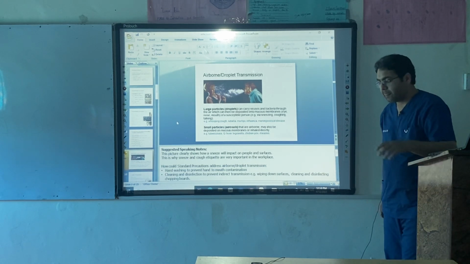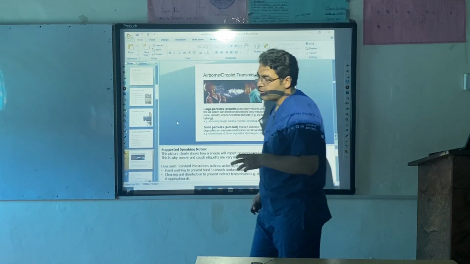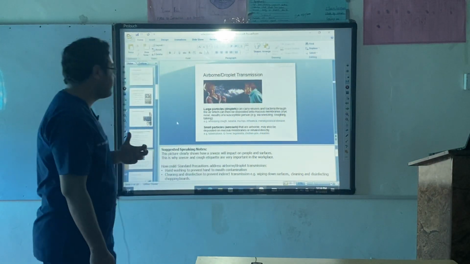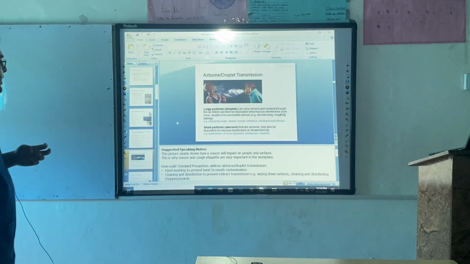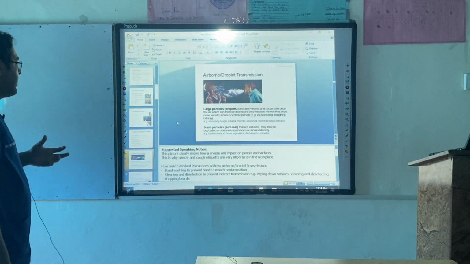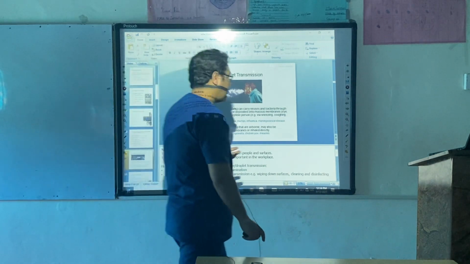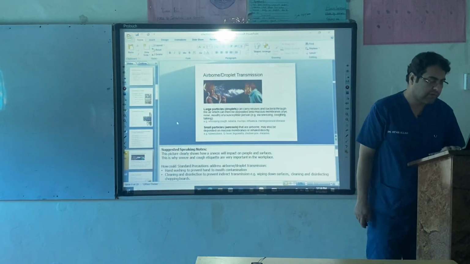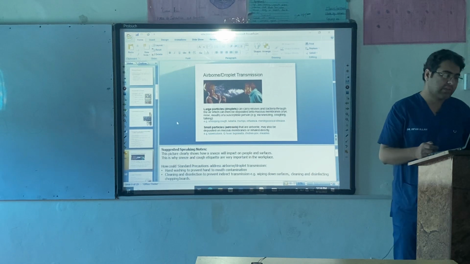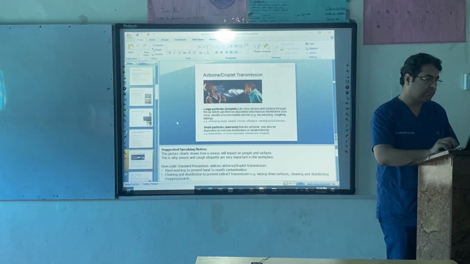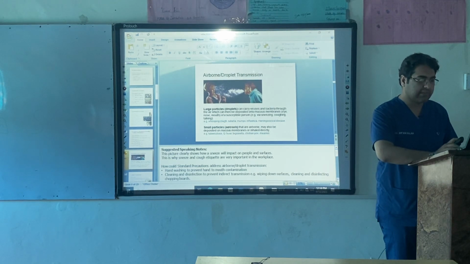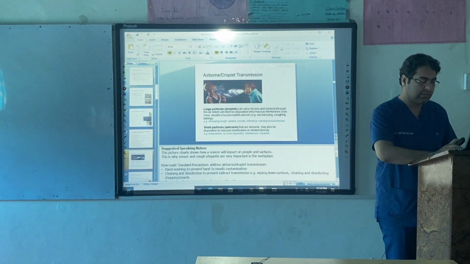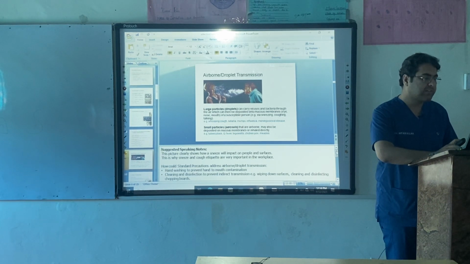We can prevent all these major diseases by taking care of ourselves and knowing the cough etiquettes and sneezing etiquettes. If you take care of all this, you can prevent the spread of these diseases. This picture clearly shows how a sneeze will impact people and surfaces. This is why sneeze and cough etiquettes are very important in the workplace.